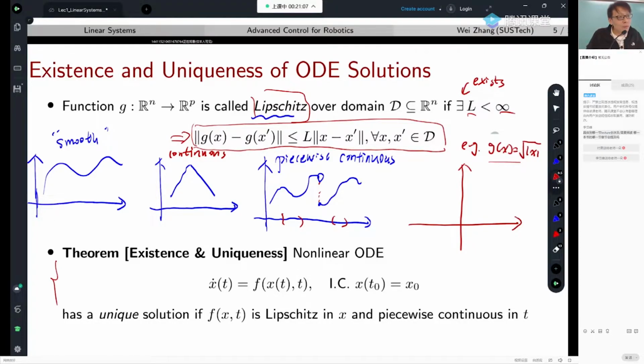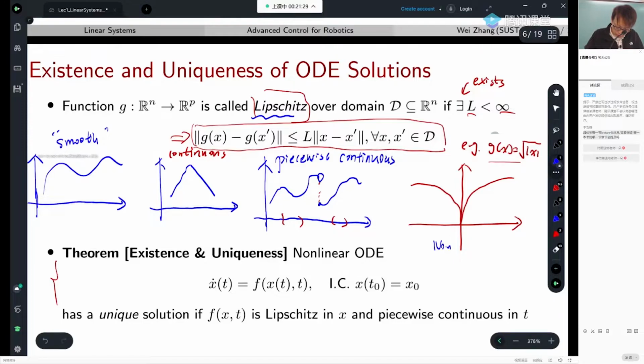Because it's the absolute value of x, this function is well defined on the entire real line. It looks almost like that. That's the function shape. It's not Lipschitz.